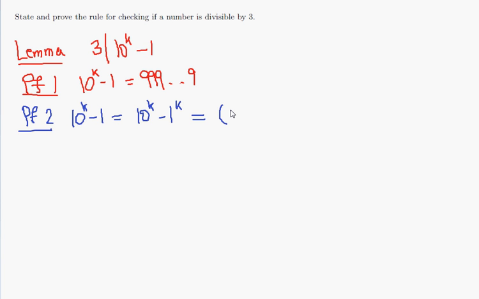And it goes like this: 10 to the k minus 1 to the k equals (10 minus 1) times (10 to the k minus 1, plus 10 to the k minus 2 times 1 to the first, plus 10 to the k minus 3 times 1 to the second, and ending with 1 to the k minus 1).